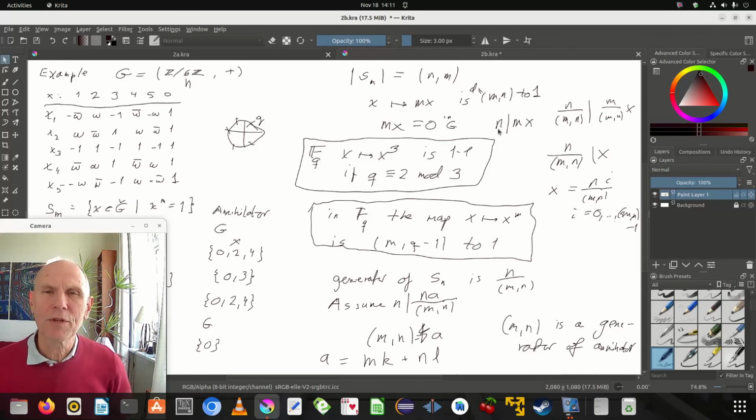It's weird, because I've seen this trick, but I never thought about it myself before. And that means that x must be one of these, and of course i ranges from 0 to d minus 1. So this is the order of the group.